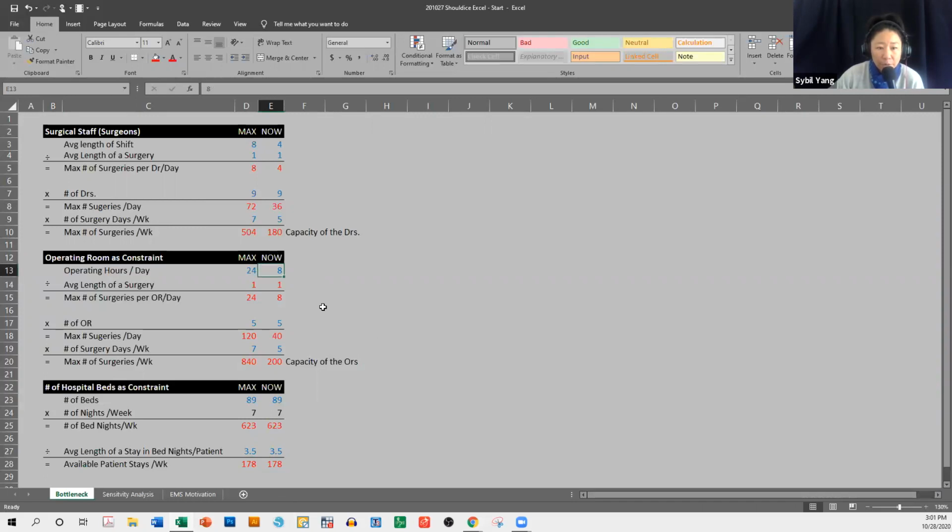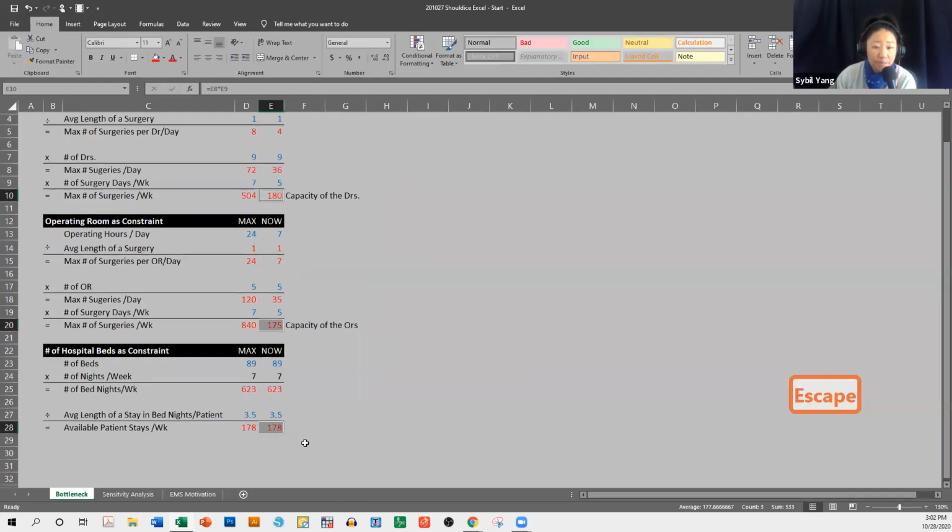Now, if the operating room was a constraint, I'm going to change this to 7. If we only conduct surgeries in our operating rooms for 7 hours a day, then between the 3 of these, the operating room would be the constraint. So we need to find the minimum of these numbers in order to identify the bottleneck of the system.